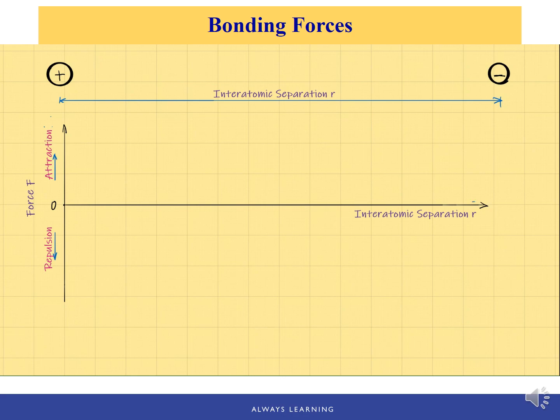So if we only consider this attractive force between the two ions, you can see it increases from zero, or almost zero, to almost infinitely large, like this, when the interatomic separation distance decreases.